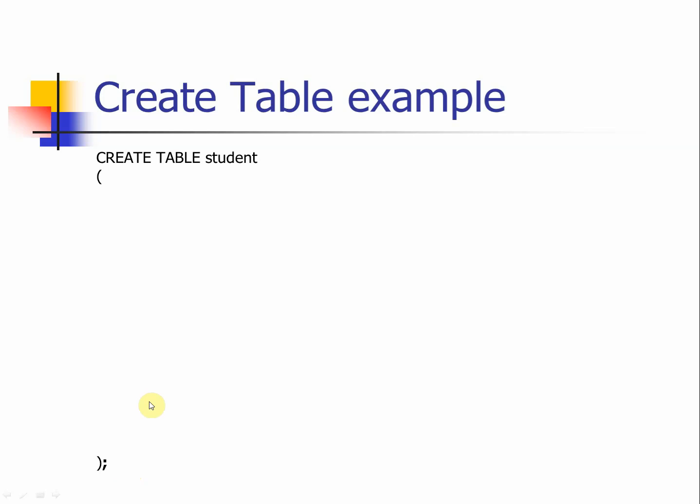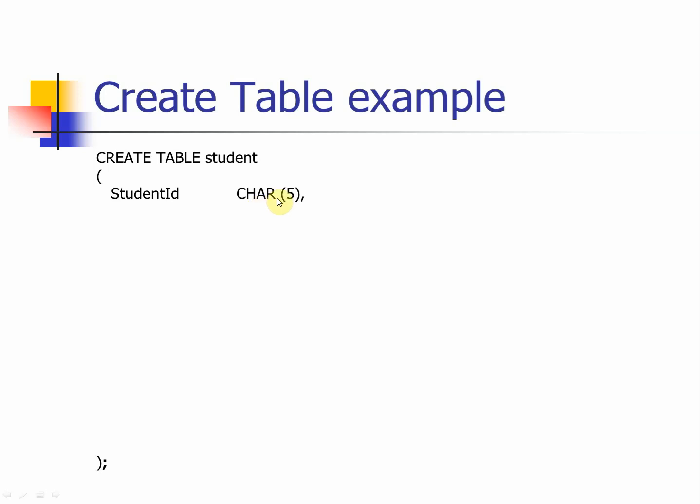Inside the parenthesis, you can start defining the columns or the attributes. You can see that the very first attribute we create is called student ID. Obviously, this is something that we want to use as the primary key, and we define the data type. Not only the data type, which is going to be CHAR, but we also need to provide the size of that data type.